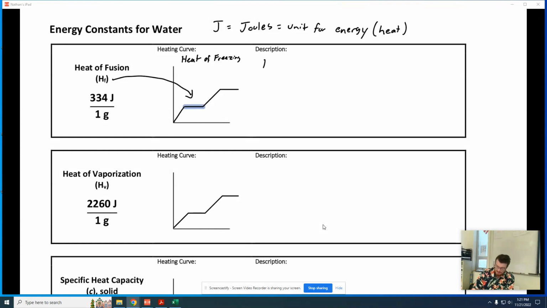So I could say for every 334 joules of energy, I can melt exactly 1 gram of water.